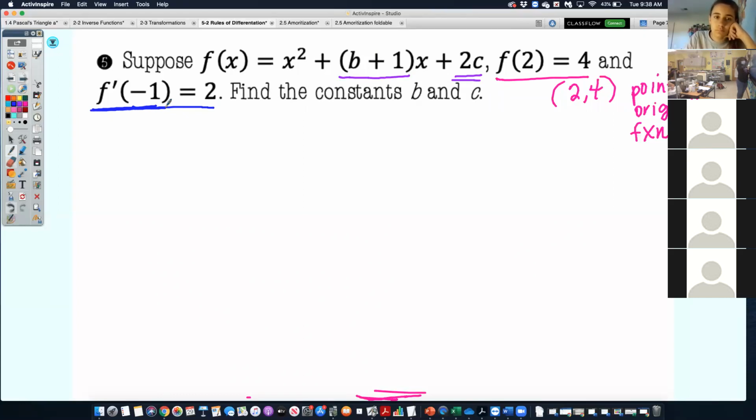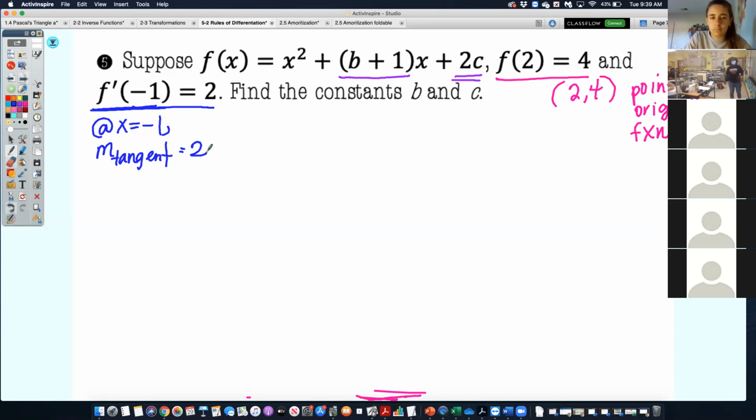This part here is saying at x equals -1, the gradient of the tangent line is equal to 2. That's what that means. So when you see that notation, that's what it's representing. I wanted to make sure to go over this because you will see this in the future, okay? So anytime you see f prime, you're talking about the slope of your tangent line at that particular point, in this case x equals -1, and the slope is 2.